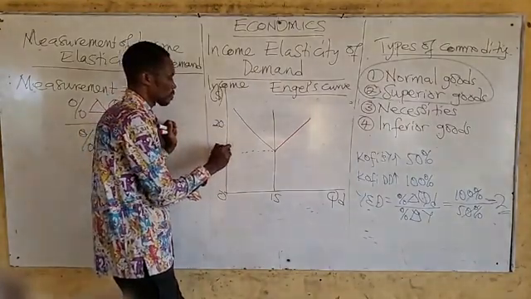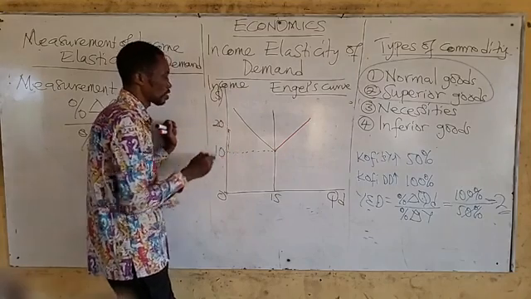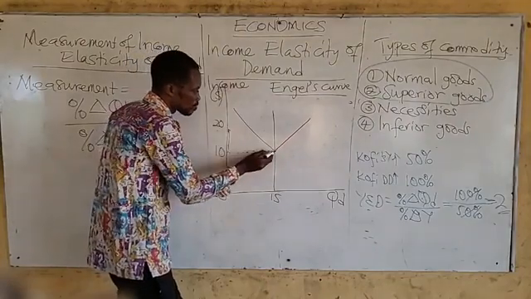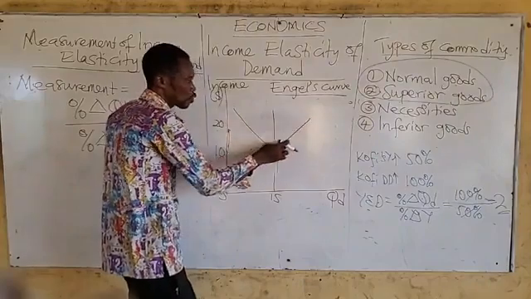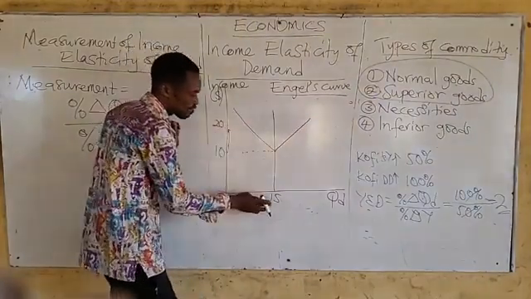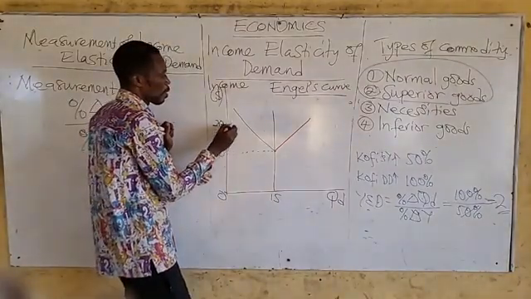It has gone up to $20. So when at 10, Kofi is buying 15 quantities of all the commodities. Now his income has gone to 20.